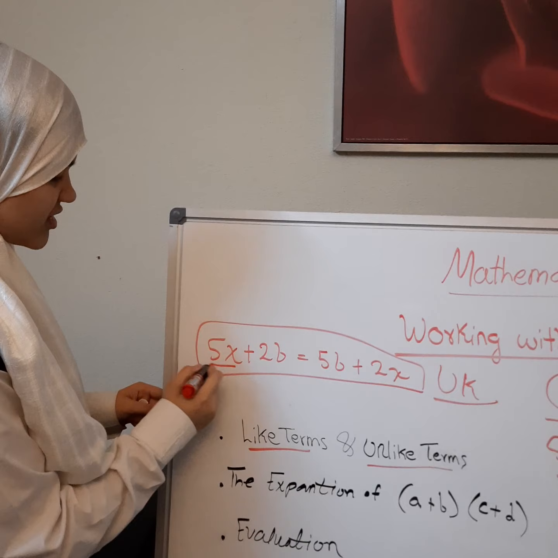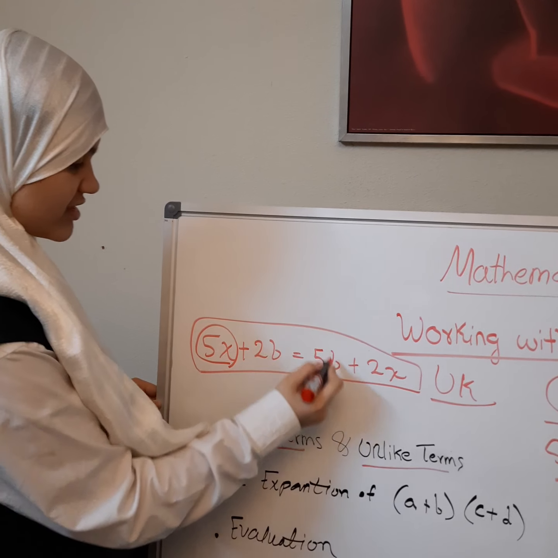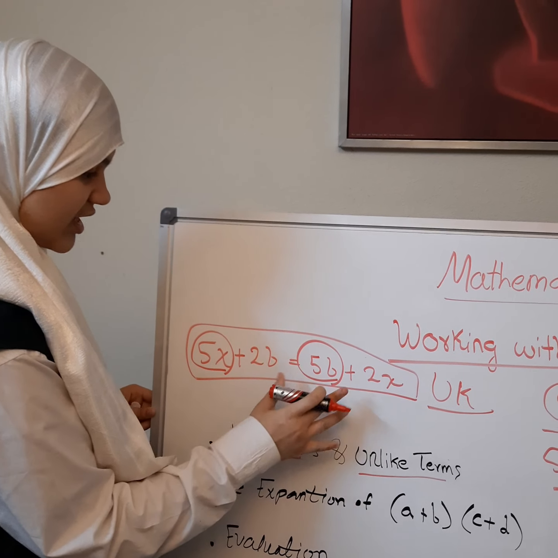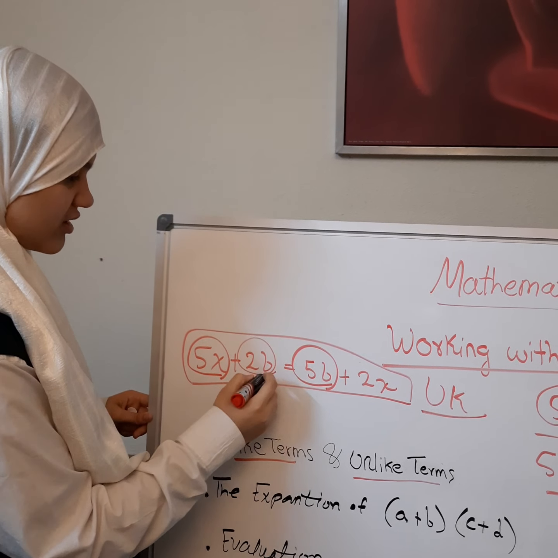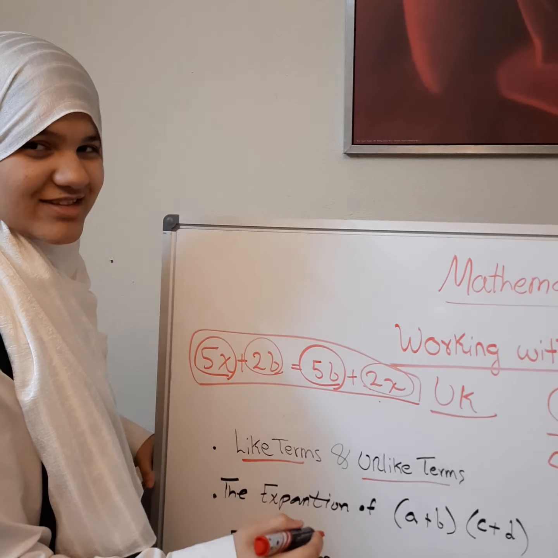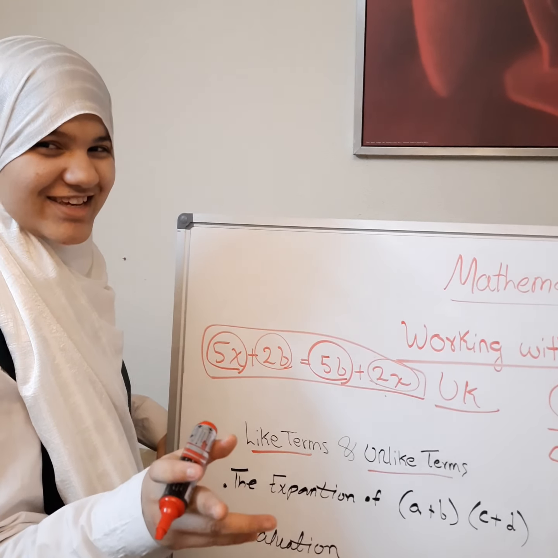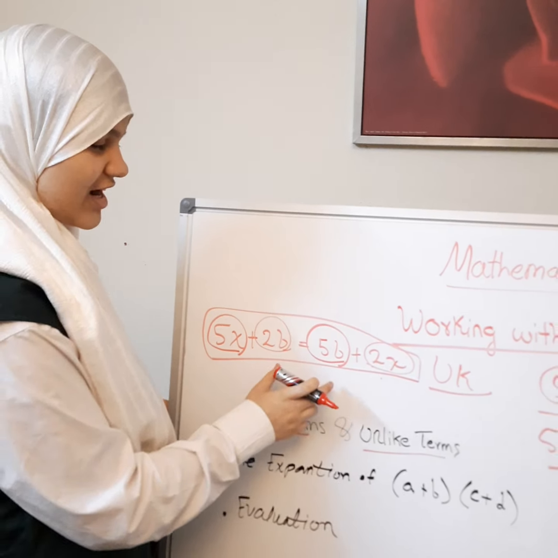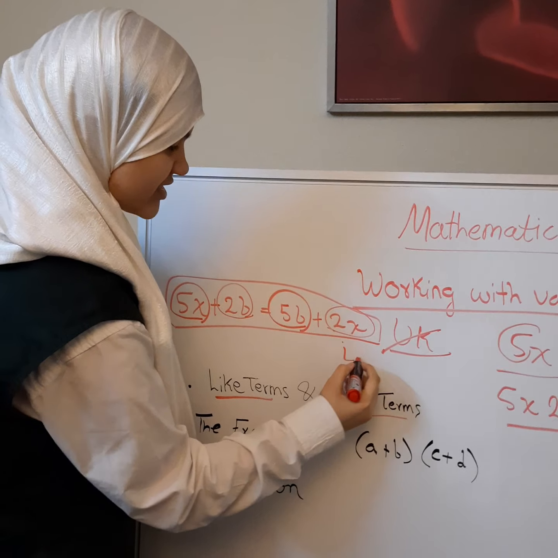Because here it's written 5x, but on the other side it is 5b. Here also 2b and here 2x. Now did you get it? So I think it's wrong. It's not correct. They are like terms.